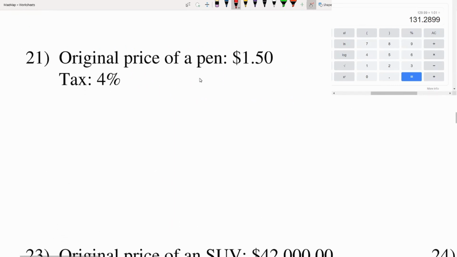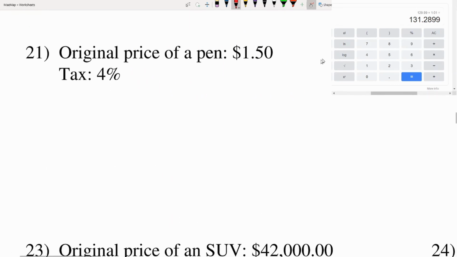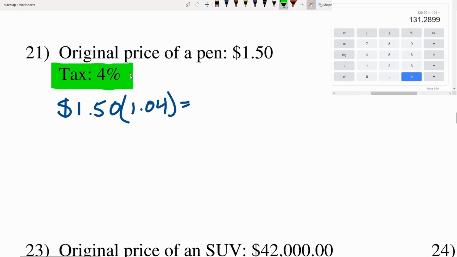For number 21, we have a pen that's originally $1.50 and we're increasing that by 4%. So $1.50 times 1.04, because we're taxing it and it's similar to marking up that price. So $1.50 times 1.04 is going to be $1.56.